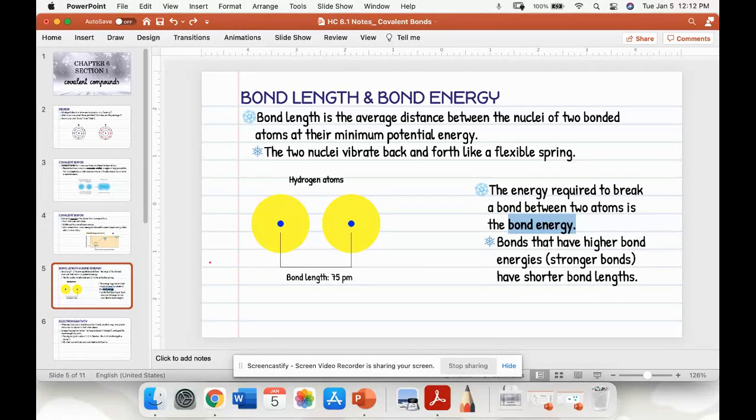These atoms don't just stick together and stay together. They vibrate like a spring. If you imagine having a spring between your thumb and your index finger, and you squeeze the spring back and forth, that's kind of how the atoms are. The energy that's required to break that spring or that vibration in between there would be the bond energy, the amount of energy it would take to break a bond.